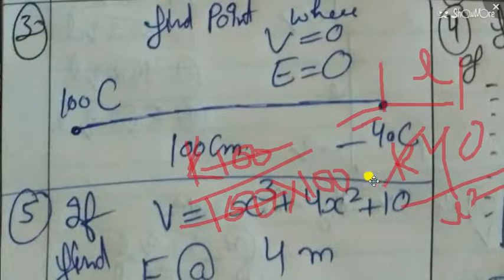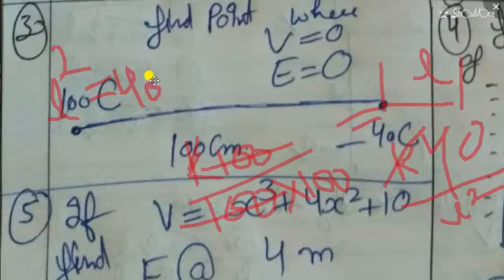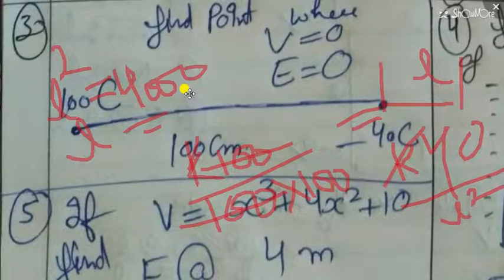So L square is equal to 40 into 100, so 4000. So we can say L is equal to under root of 4000, so under root of 400 into 10, so its value is 20 root 10.